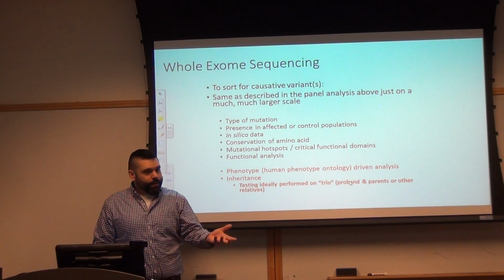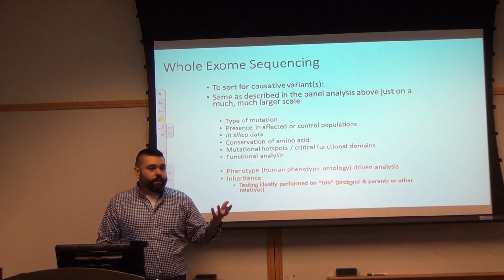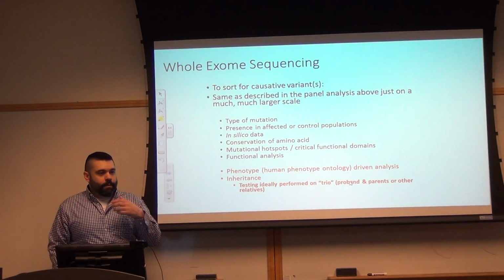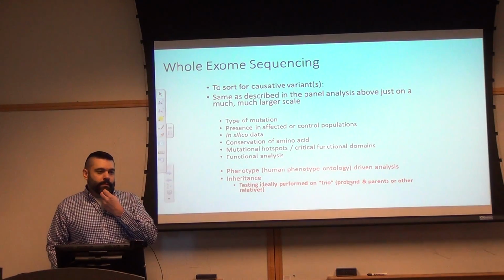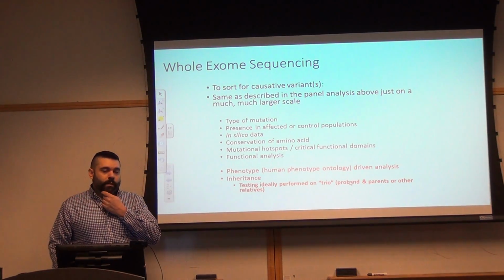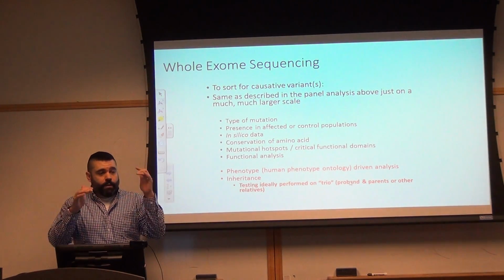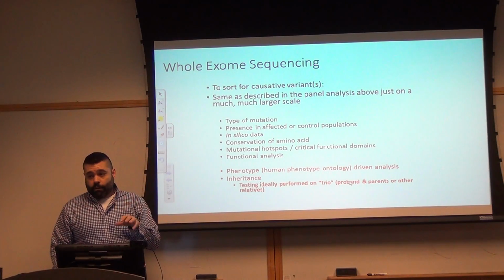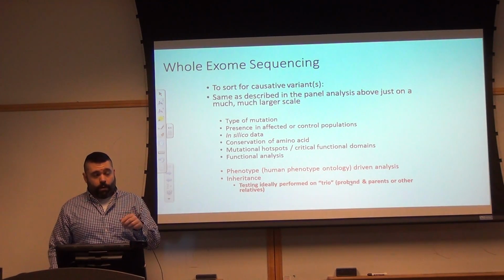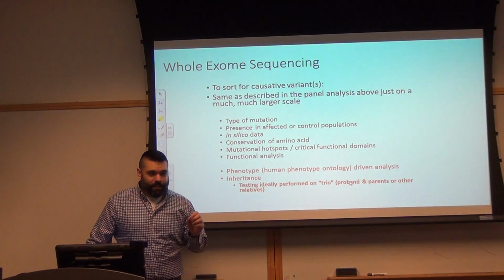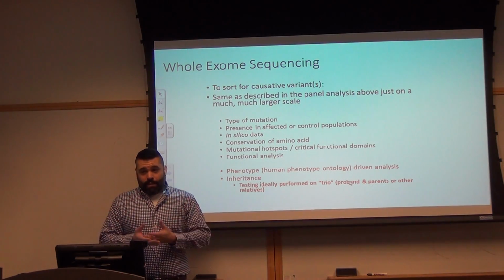If it's autosomal dominant and one of the parents has it, it's likely to be benign. If it's an autosomal recessive where the parents are fine and the child has it, then it's... Or de novo, that's the important one too, right? If neither parent has a change and the child does and it's loss of function, that's probably what you're looking for.